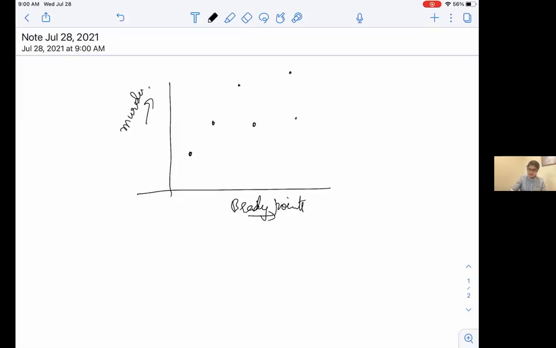So this is my set of actual values. But if we make a regression line, which is y equals ax plus b, and draw that line, it could look like this. We estimated the value for x equals 3 here.